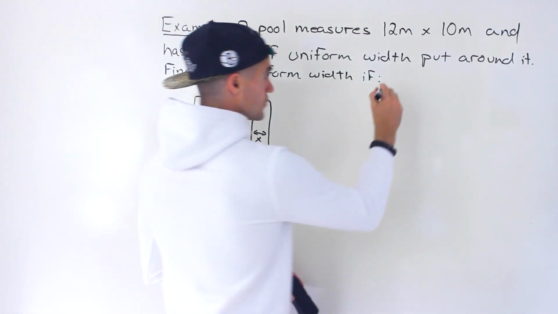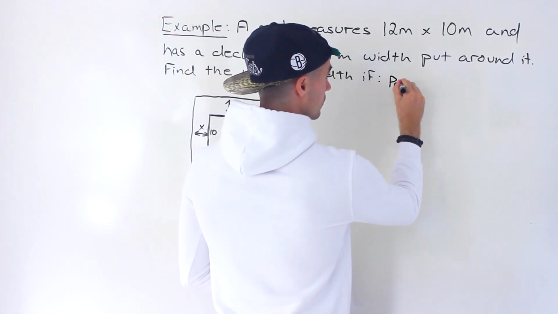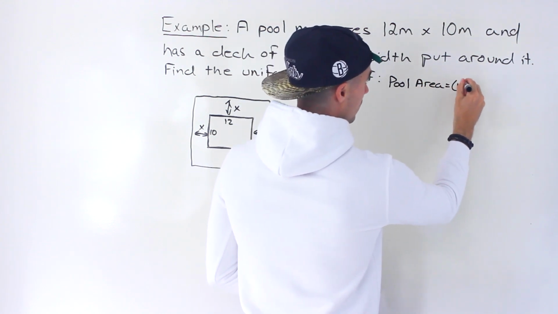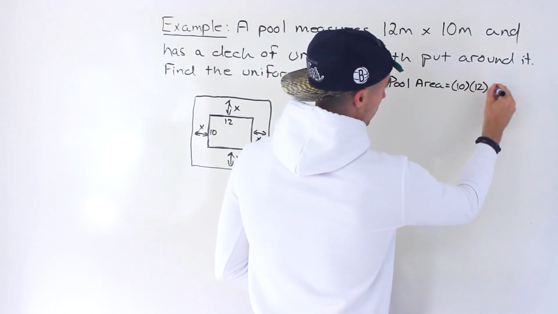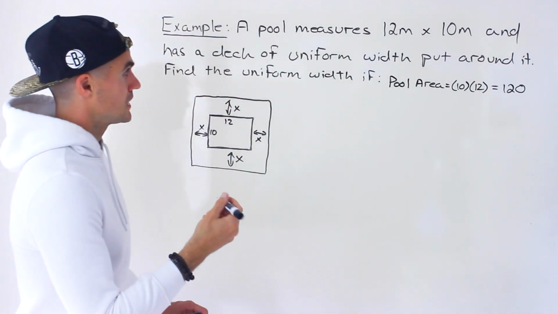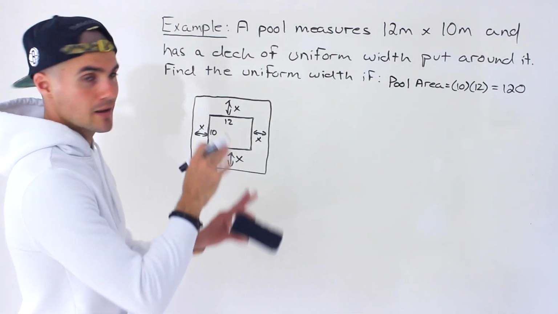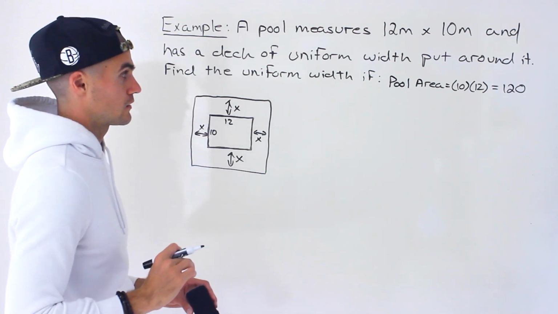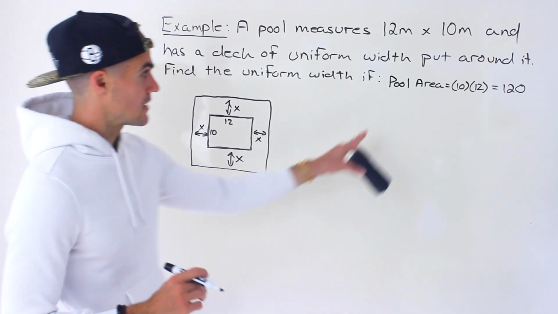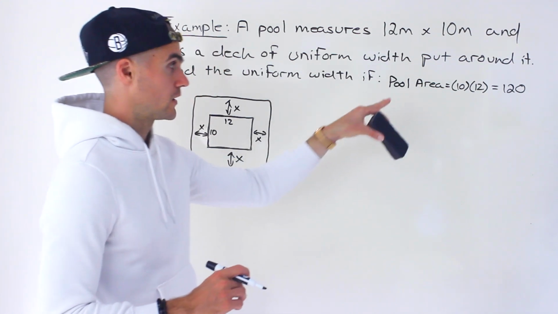So let's start off with the most simple one, the pool area. Well, what's that going to be? It's just going to be 10 by 12, or 12 by 10, which is just going to be 120, and this is in meters, so it's going to be 120 meters squared. I'm just going to keep it as 120 for the algebra that we're about to do. So that's the pool area right there, 120.